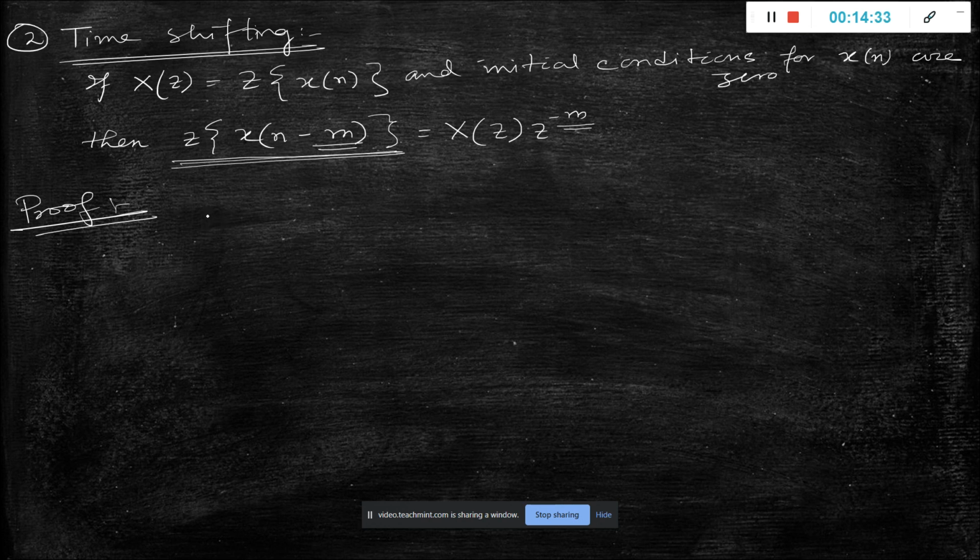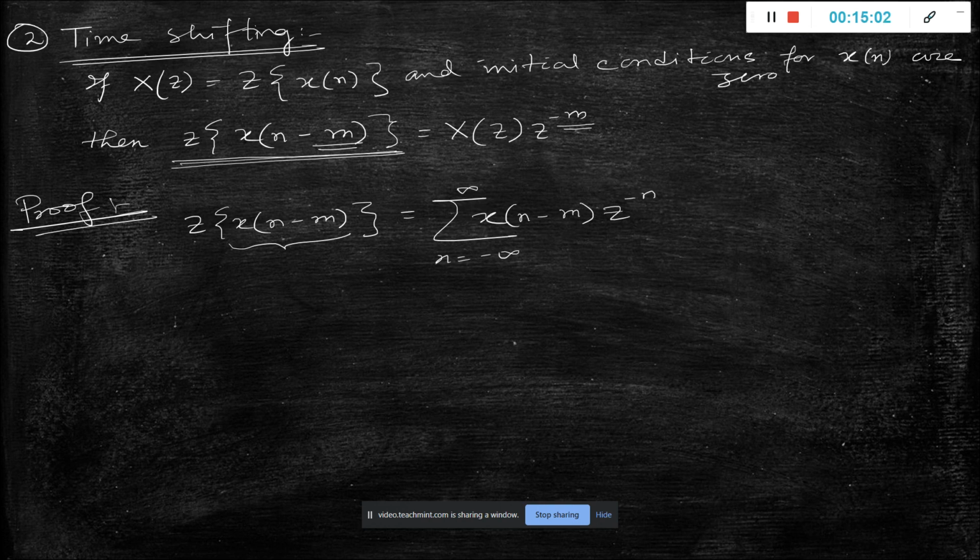So x of n minus m must be equal to, as per the formula, summation n equal to minus infinity to plus infinity, x of n रहता है यहाँ पे, तो यहाँ पे तुम्हारा x of n minus m है, so instead of x of n I will put x of n minus m into z to the power minus n.